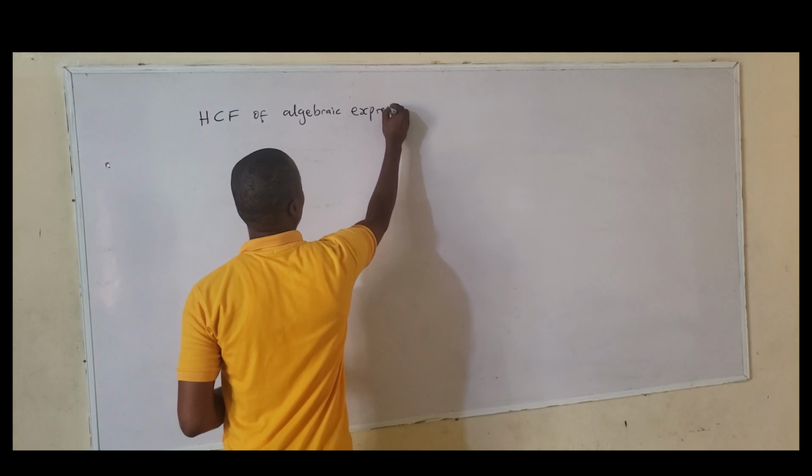Why? Because 2x squared y is the same thing as 2 times x times x times y. So when you divide by x, one x goes with one x, and what do you have left? You have 2xy as your answer there. So that makes x a common factor.